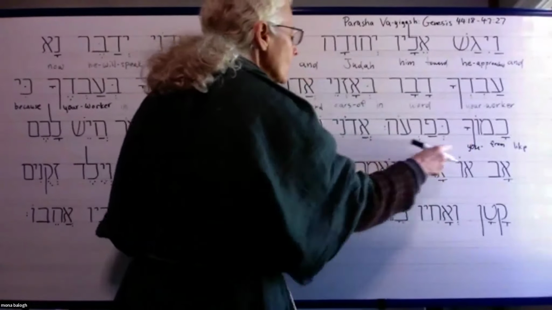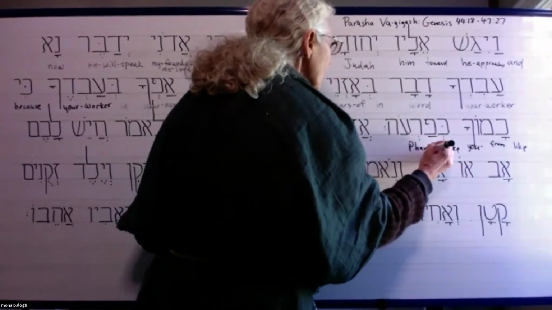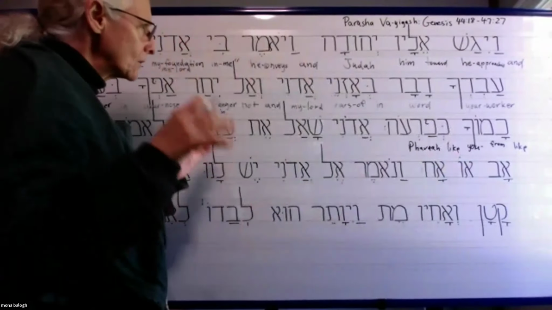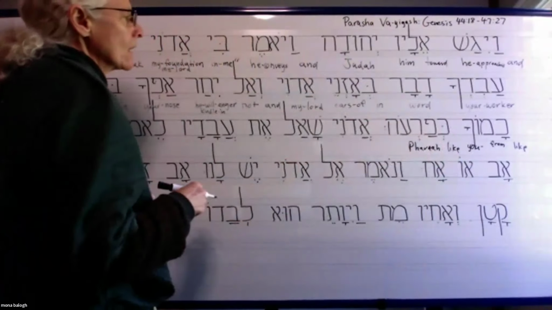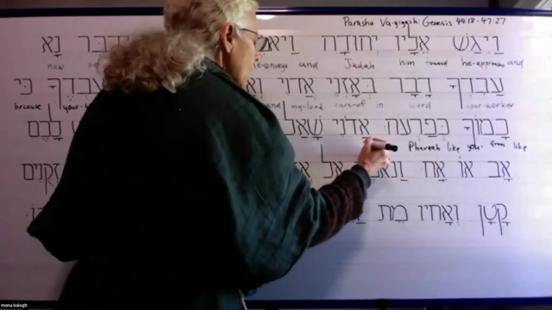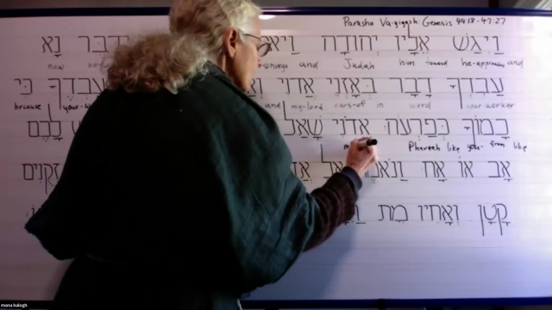Ke Pharaoh, like Pharaoh. So they don't know Joseph is there, but they know that this person who's all shaven and dressed up like a Pharaoh is essentially like Pharaoh himself. All righty. Adoni, again, my Lord.